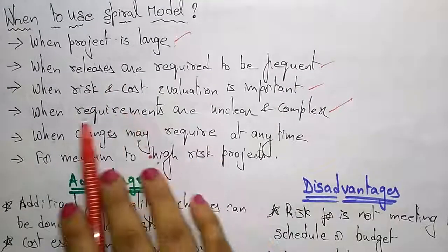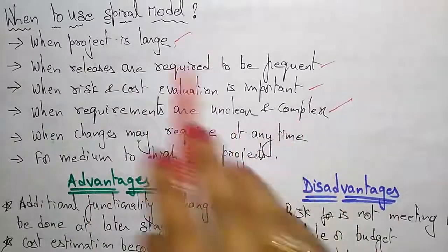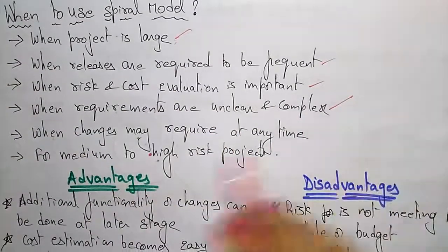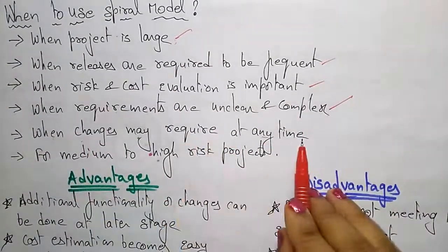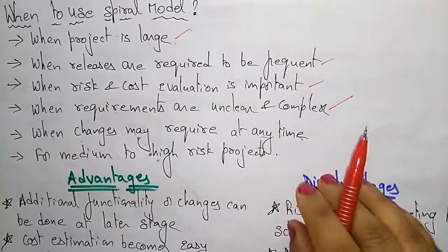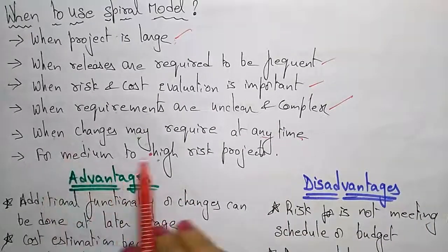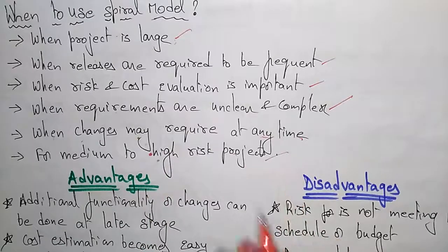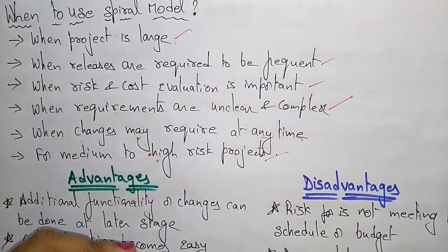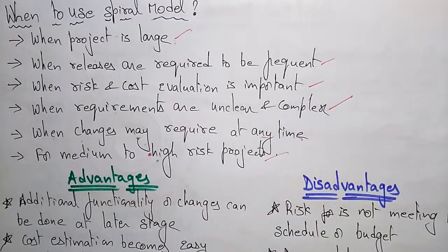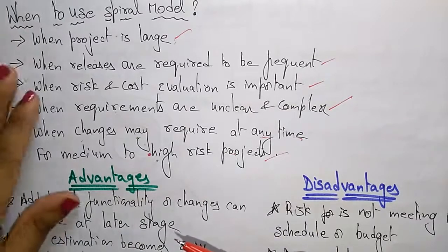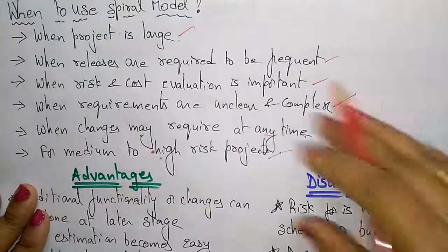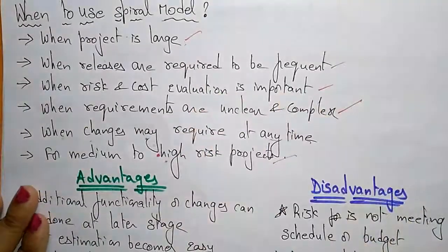When changes may be required at any time, go for the spiral model. For medium to high risk projects, where you add features and it becomes a high risk project, you can prefer the spiral model. So in these cases we will go for the spiral model.